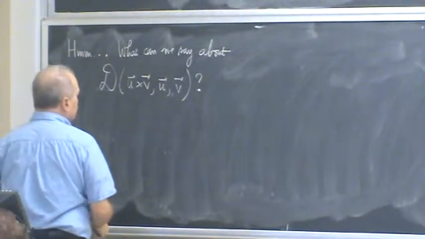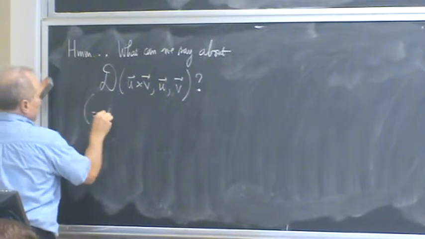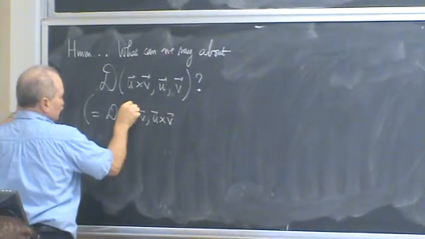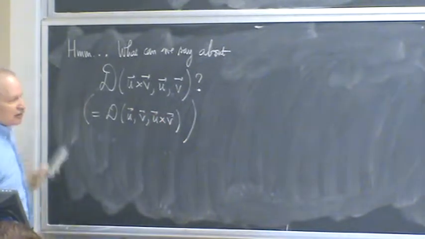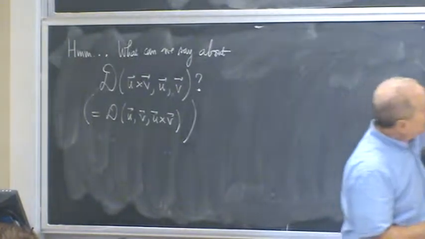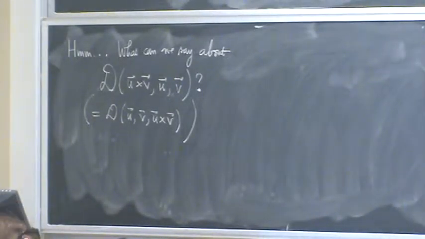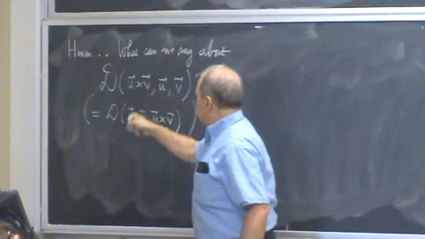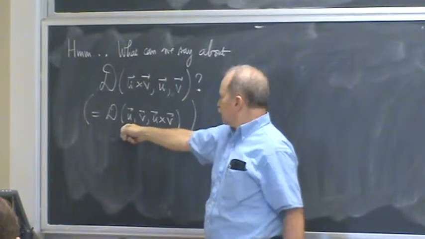Well, first of all, this is the same as putting them in the order I just said. Why is that? Right, we're back to the thing I just erased. Remember we said if you cycle these around, it doesn't change the sign.